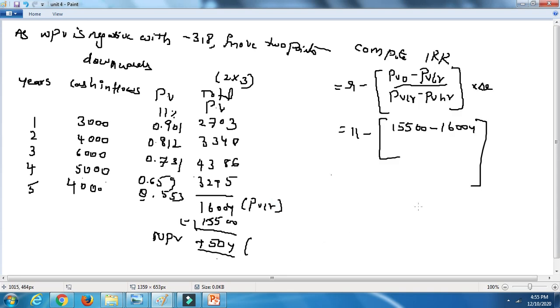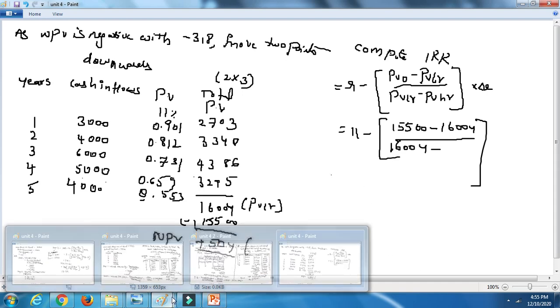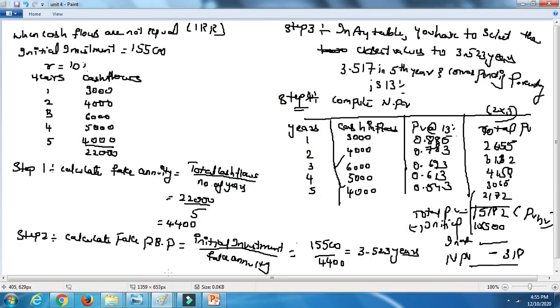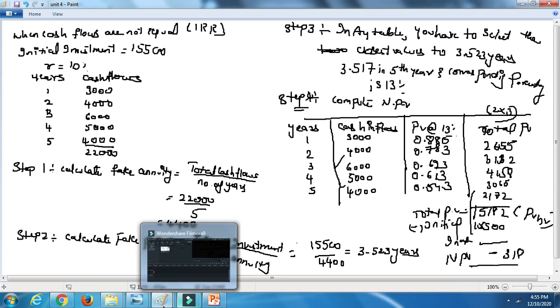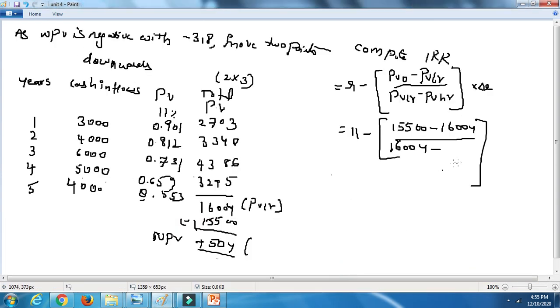So if you see this, I have taken 16,004, which is nothing but the lower interest rate value, divided by 16,004 minus, if you see this, what we got PVHR just now, some 15,182. Okay, this is nothing but your PVHR. So let's start doing this. 15,182 into delta R is nothing but 2, 13 minus 11%, so it will be 2 as such.